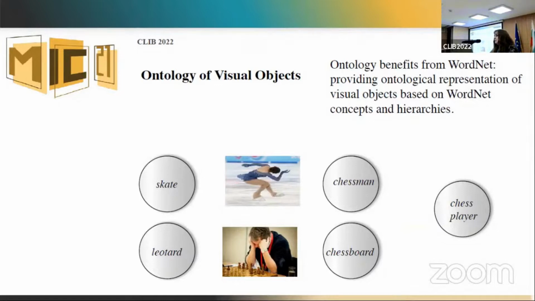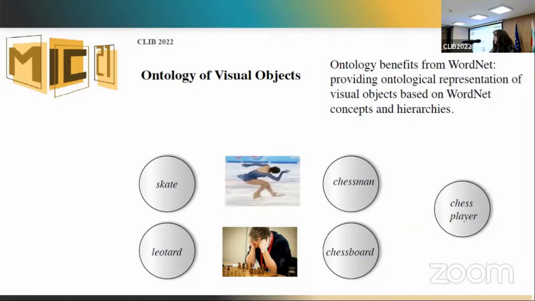During our work, we found out that other available data sets with annotated images are organized in very shallow ontologies, if any ontologies were used. So we decided to develop such an ontology and to use it in describing the objects in images.